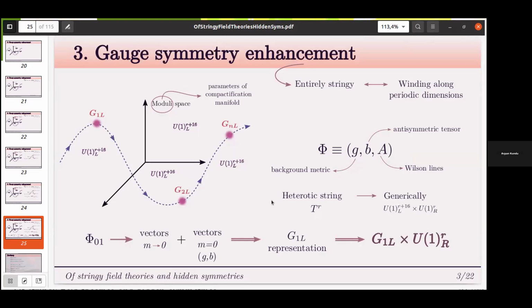Okay, I got it. So basically, points means points in the moduli space, not space-time points. Yes, sorry, that was a question I didn't understand before. Specific points in moduli space. Yes. Okay.